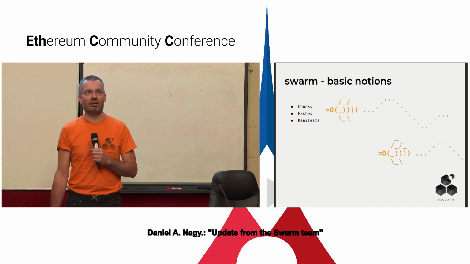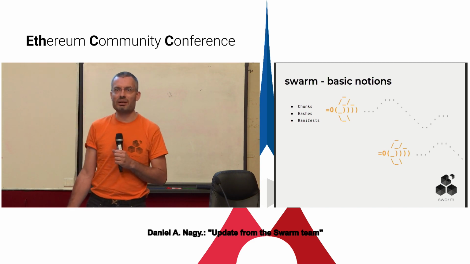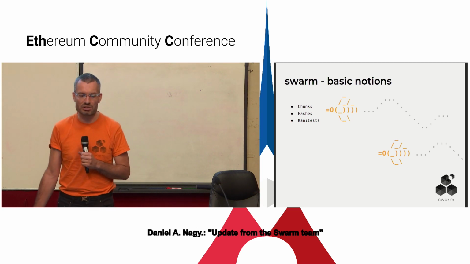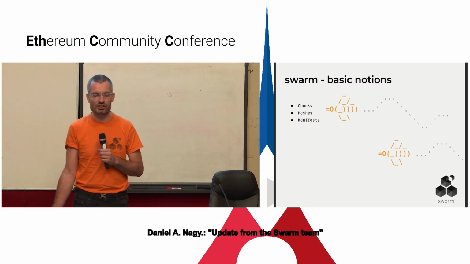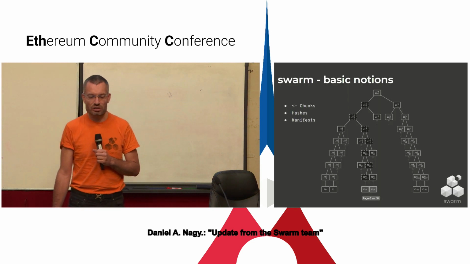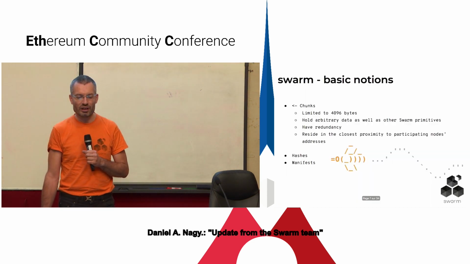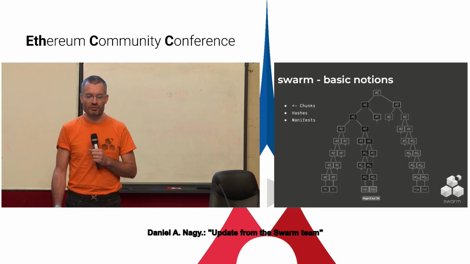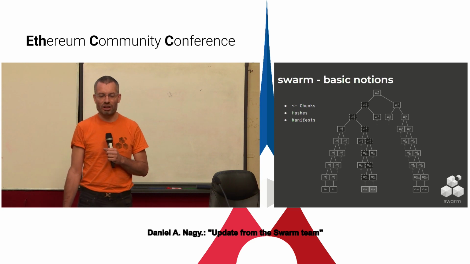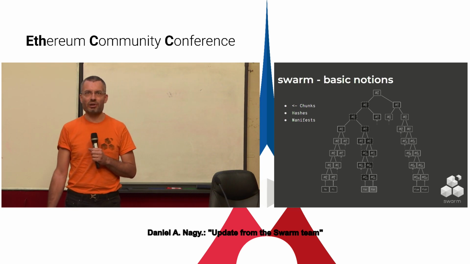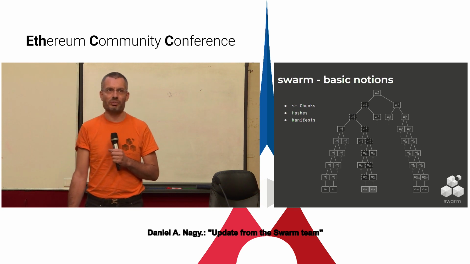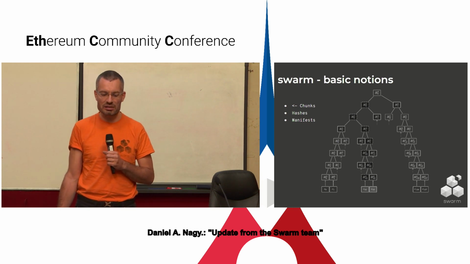So just so that we speak the same language, I would like to introduce the basic terminology that we use in Swarm: chunks, hashes, and manifests. So chunks are these at most 4 kilobyte bits of data, which are the basic building blocks of the Merkleized data structures upon which Swarm depends.